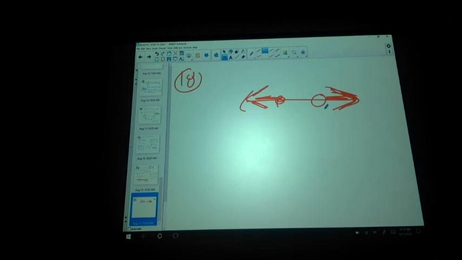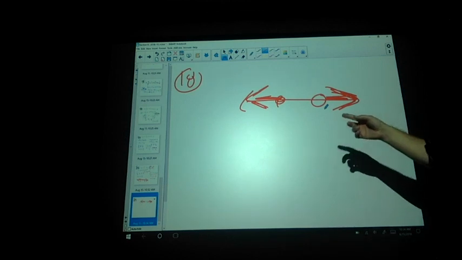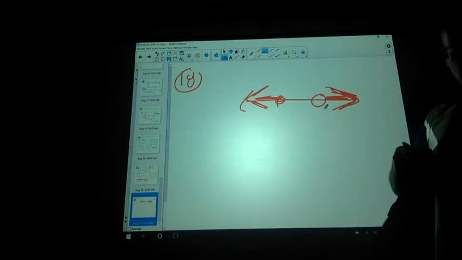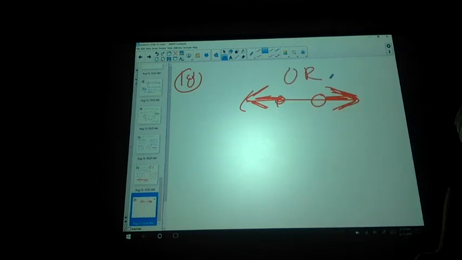Oh, they're just saying, is it incorrect? And I think they're saying it's incorrect because if you were to make a line and draw the graph, it would look something like this. And this is an or statement, not an and statement. Remember, and has to combine both terms.